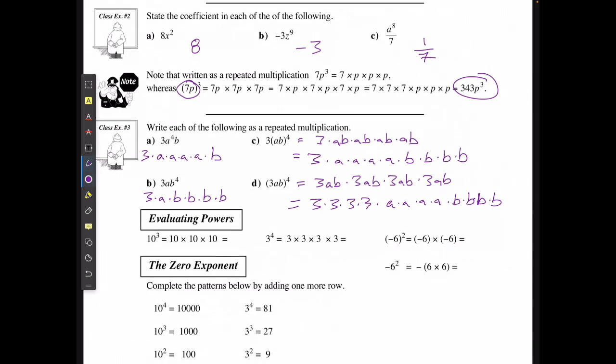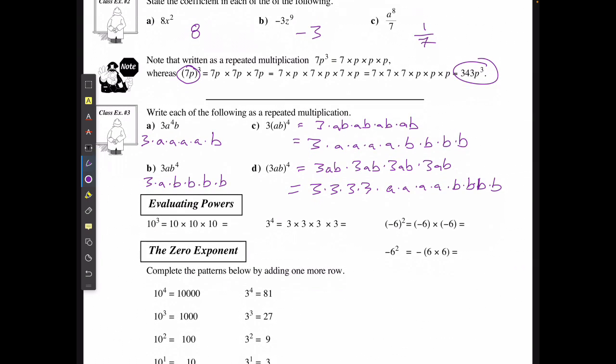If I'm evaluating a power, that's just me actually solving for whatever it is. So evaluating means if I don't have a variable, I can solve for what that number would be. So in the first case, if I said evaluate 10 to the power of 3, or 10 times 10 times 10, that's the same as 1,000.